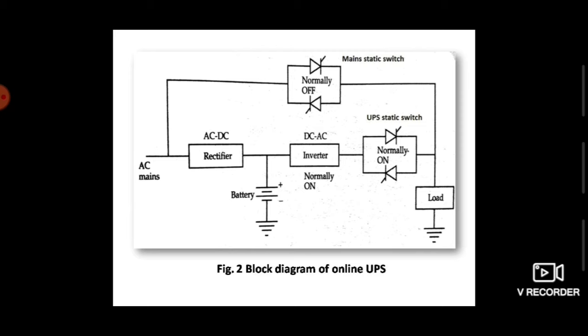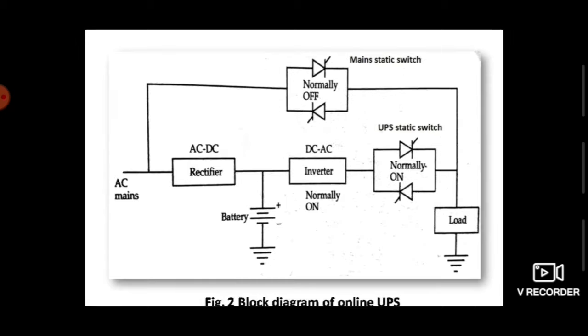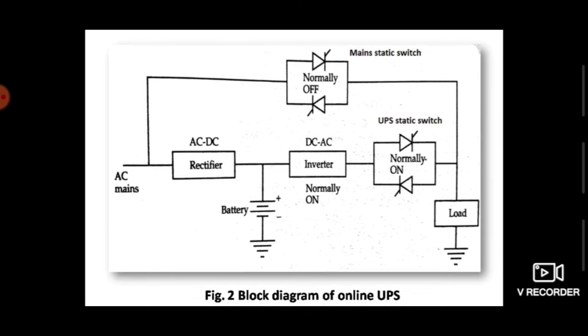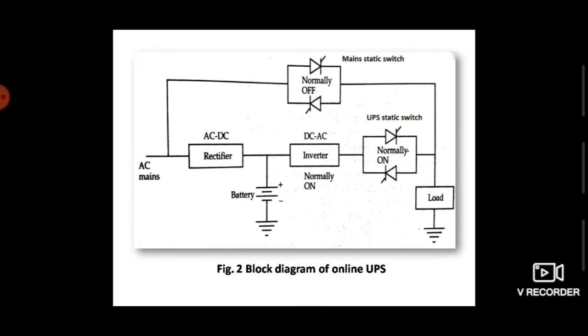Here you can see the main static switch is normally off, which was normally on in case of offline UPS, and the UPS static switch here is normally on, which was normally off for offline UPS. This is the basic difference, and maybe the only difference according to the circuit arrangement.